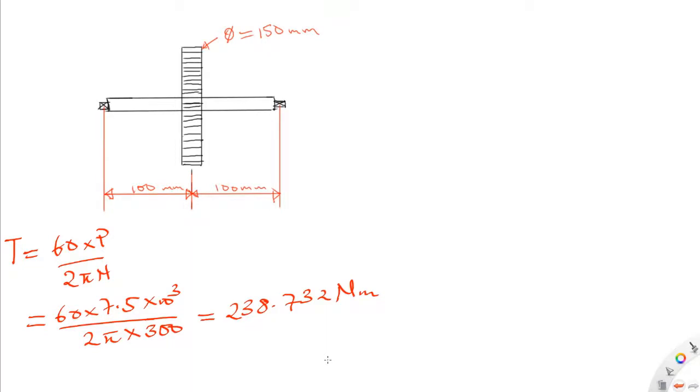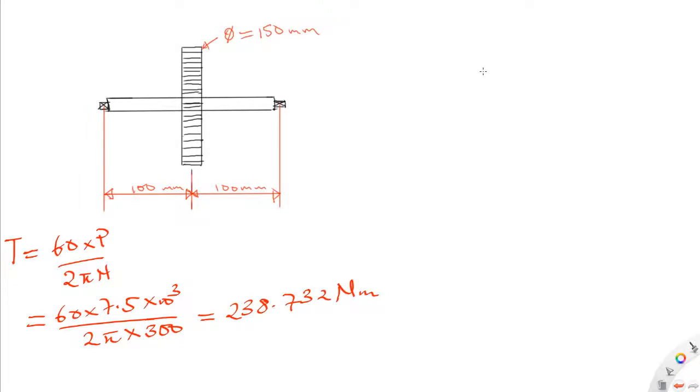To be able to determine those forces, let's sketch the layout of the gear and determine how the forces will be acting on it.